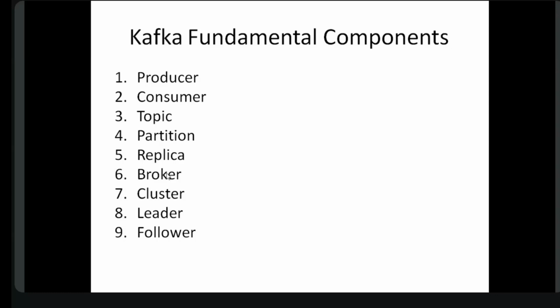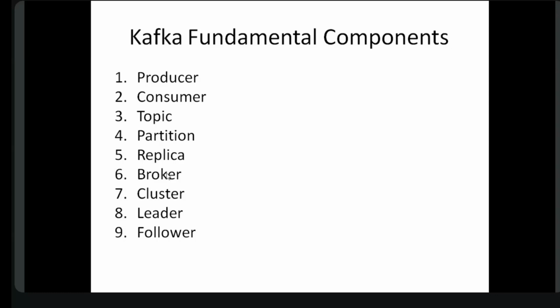So suppose you have a topic called car. Car is a topic name, and it has 3 partitions. How many replicas will be there? 3 replicas. Now, minimum 3 replicas are required, but it is not limited.